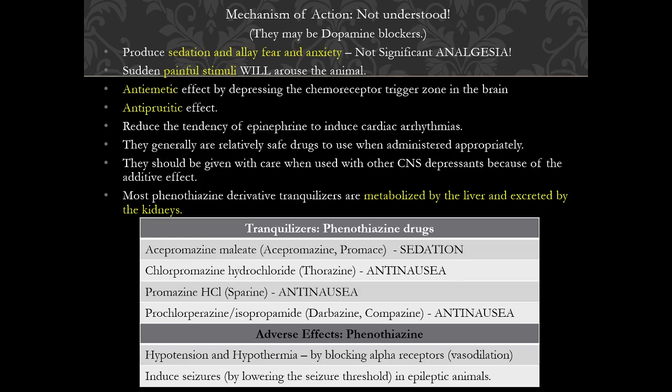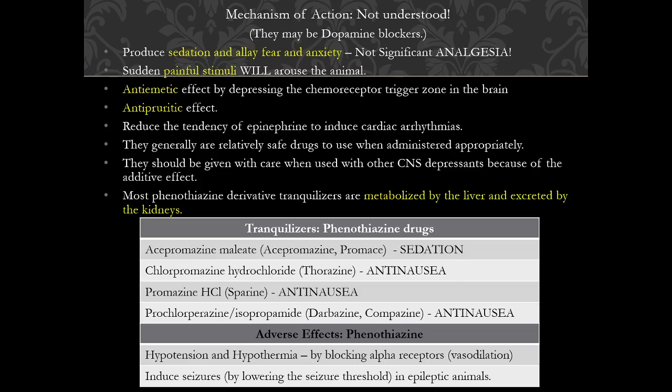Most phenothiazine derivative tranquilizers are metabolized by the liver and excreted by the kidneys. So we're talking about tranquilizers and specifically right now phenothiazine drugs. This is acepromazine, which causes sedation.